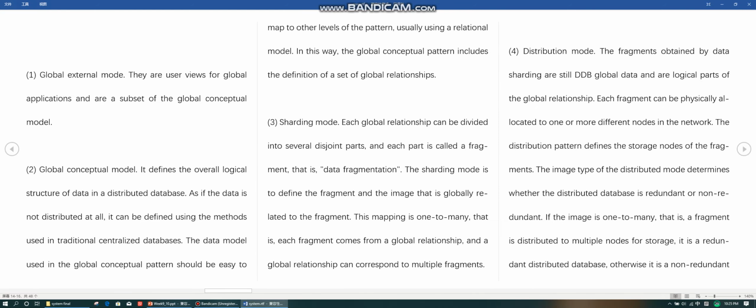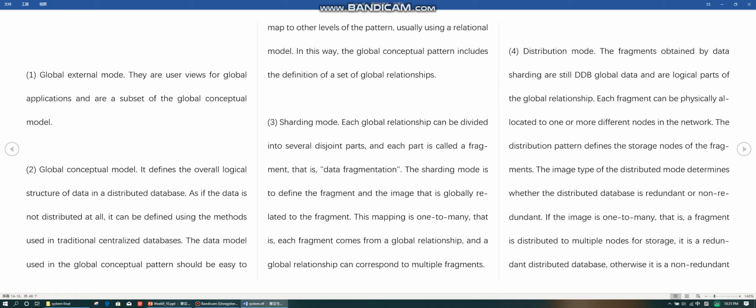First one is the global external model. They are user views for global applications and are a subset of the global conceptual model.